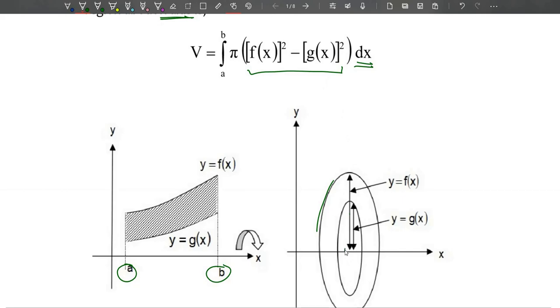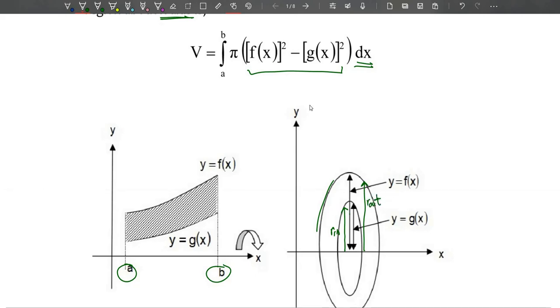Drag from the axis to the nearest function. This would be your inner radius. Drag from the axis of rotation to the farthest area of the region bounded. This would be your outer radius.